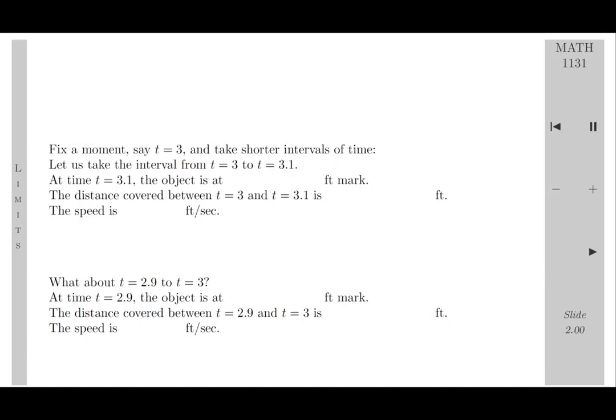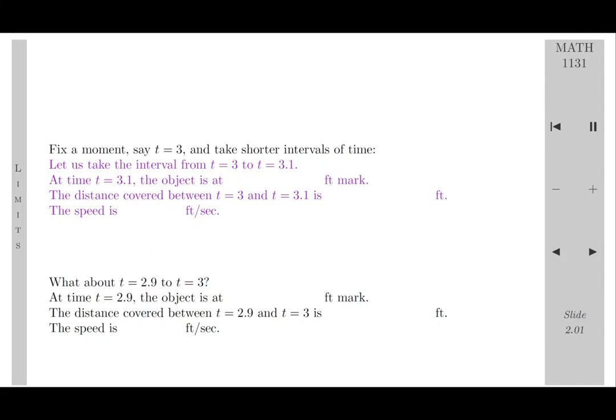Newton's idea was to focus on a particular moment and find distance divided by time for shorter and shorter intervals of time covering that moment. Let's fix the moment t equals 3 and find the speed over shorter time intervals. Let's take the time interval from t equals 3 to t equals 3.1.